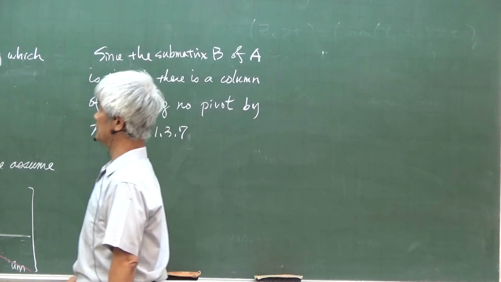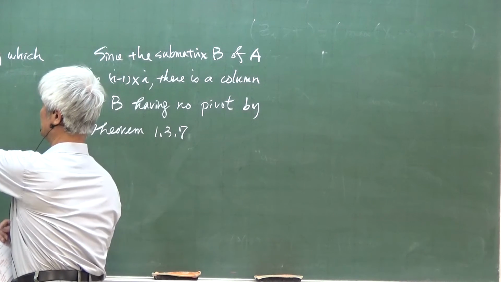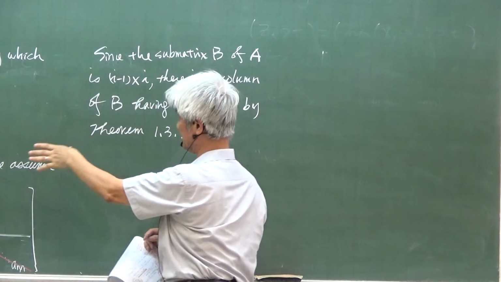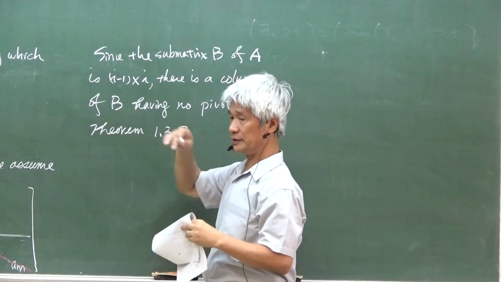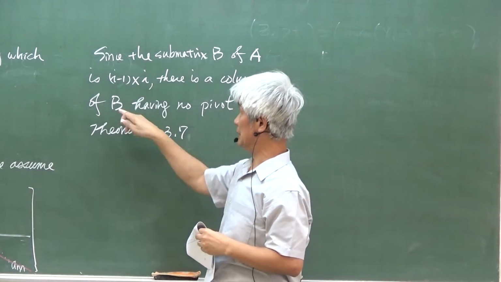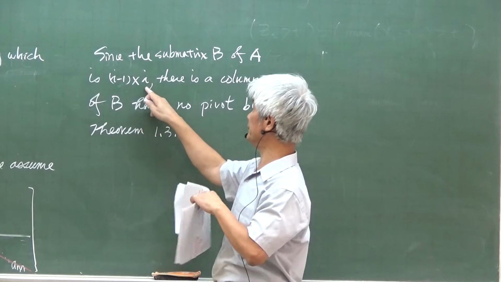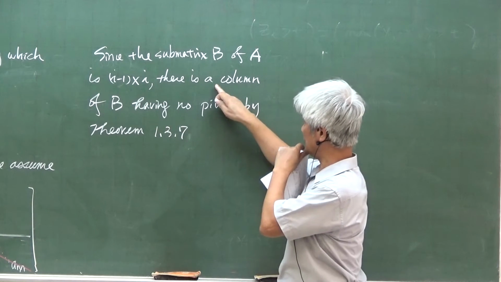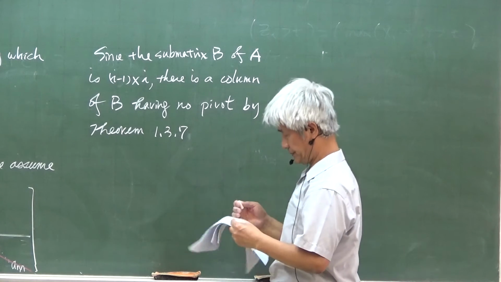Because the rank is the minimum of the rows and the columns. As I explained, because B has i minus 1 rows, B has at most i minus 1 pivots. But we have i columns, so one of the columns of B has no pivot.